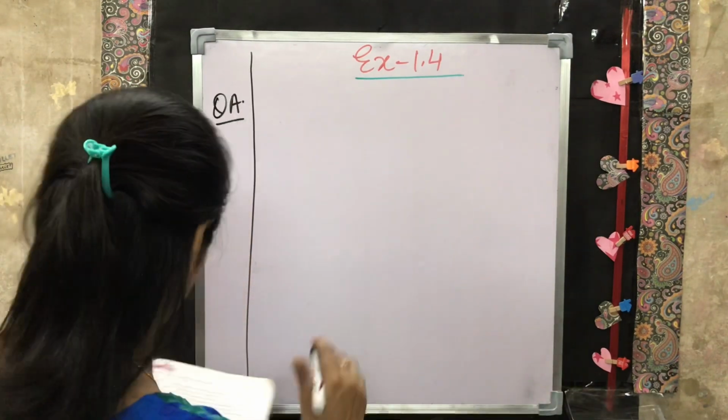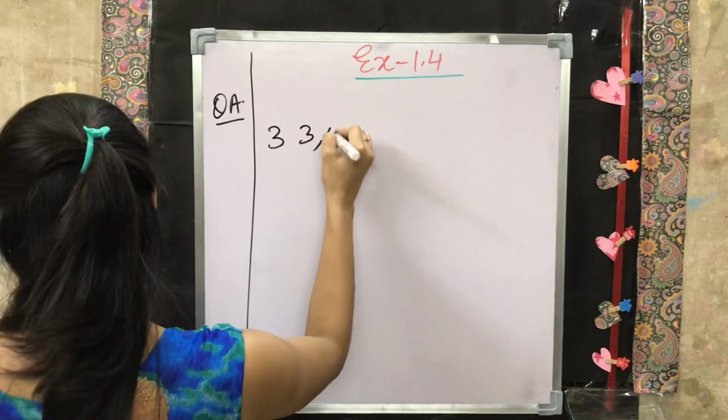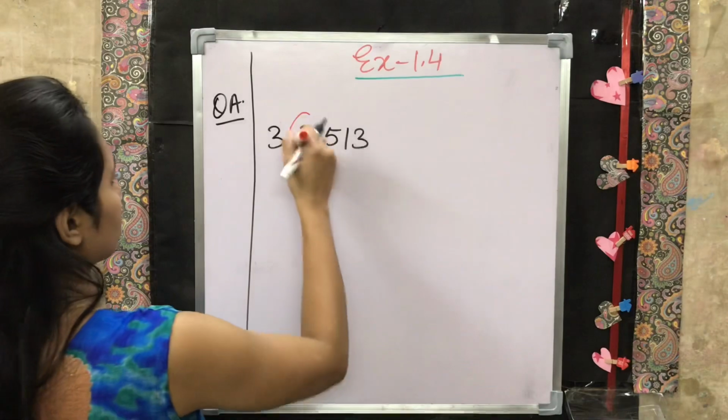First is 3513 and the encircled digit is this.